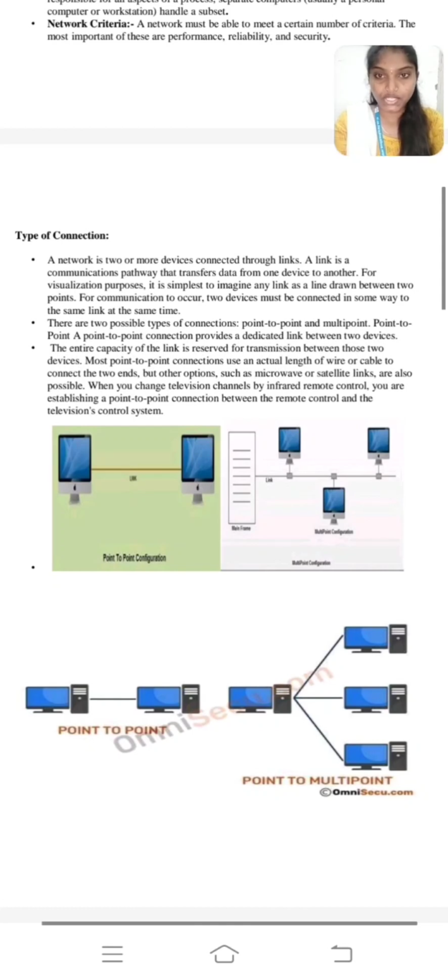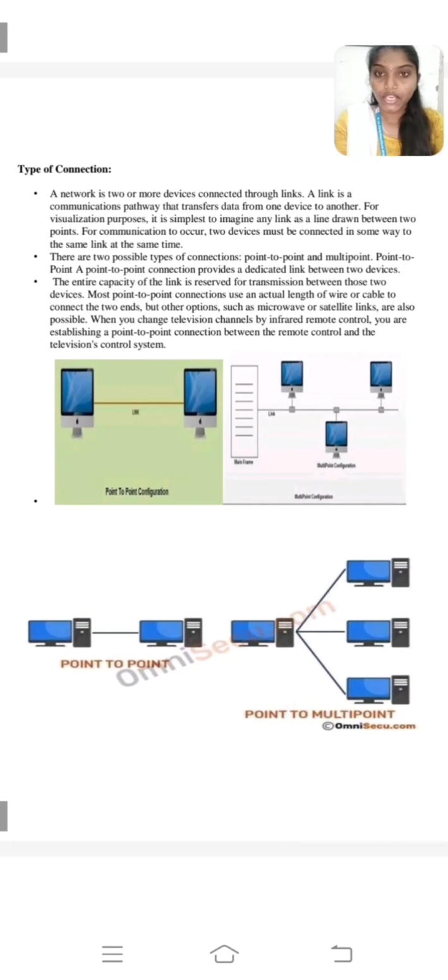Types of connections. A network is two or more devices connected through a link. A link is a communications pathway that transfers data from one device to another. For visualization purposes, it is simple to imagine any link as a line drawn between two points. For communication to occur, two devices must be connected in some way to the same link at the same time.